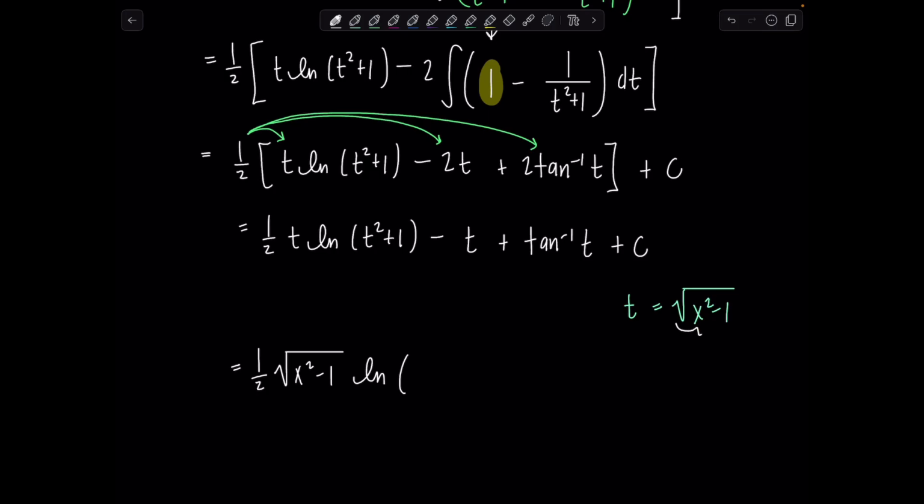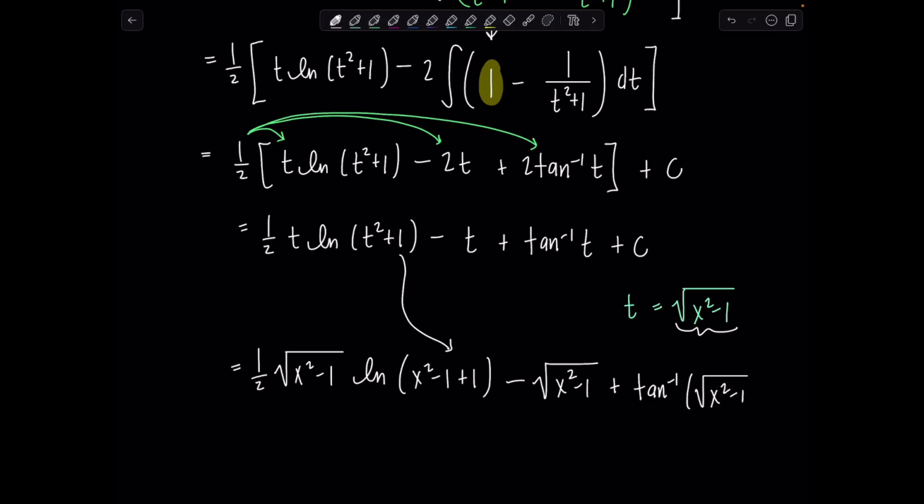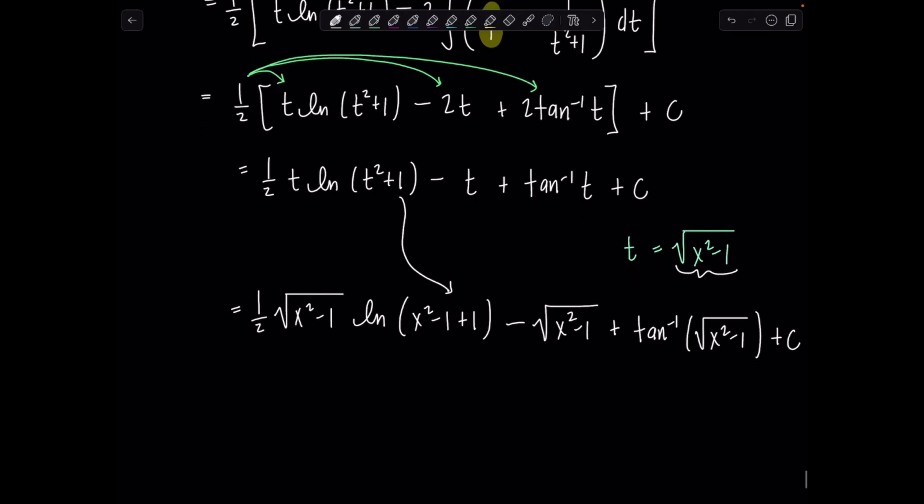If I square this expression, I'll have x squared minus 1, and then there's plus 1, minus just plain old t, so the square root of x squared minus 1, plus tan inverse of the square root of x squared minus 1, plus c. Are we as cleaned up as can be? Not quite.